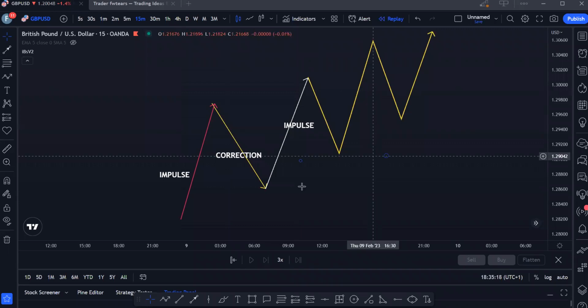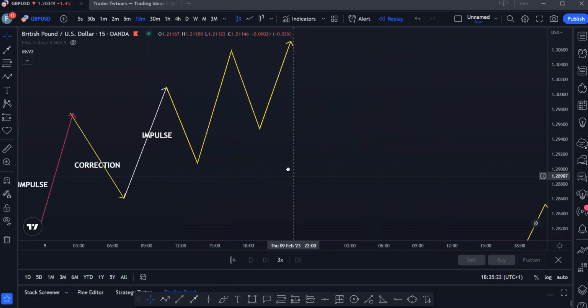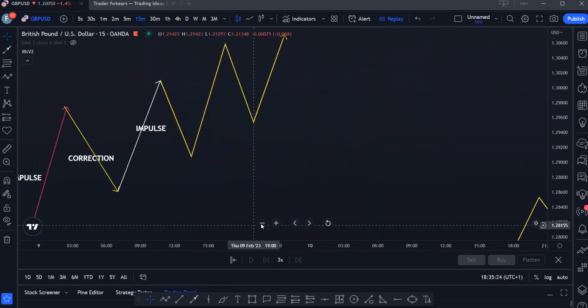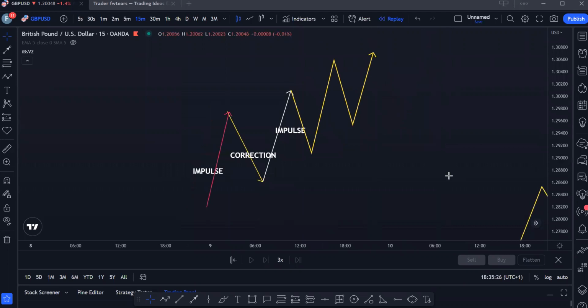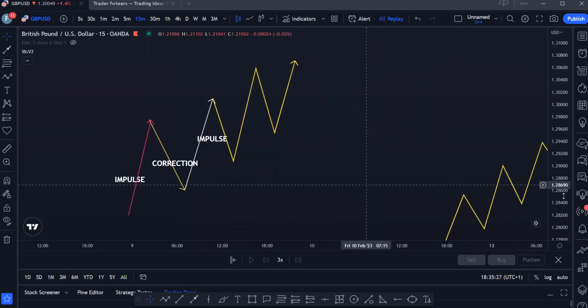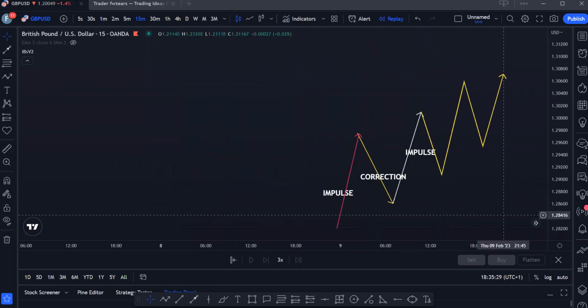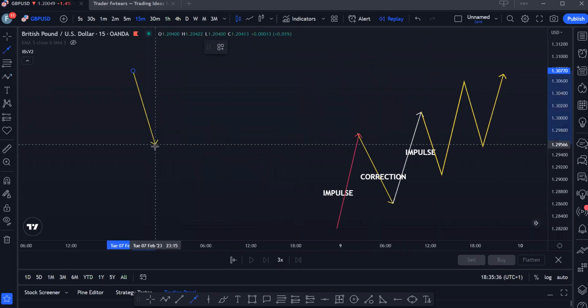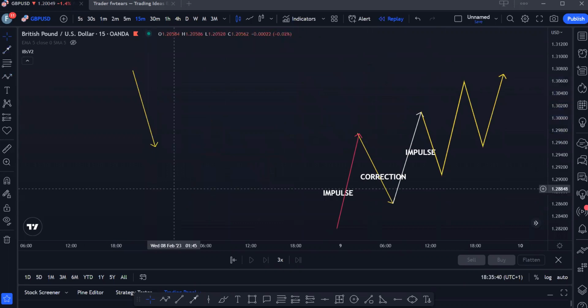Likewise, on the flip side, if you are dealing with a downtrend, it's just the direct opposite. For a downtrend, we'll have the impulse move to the downside, and then we're going to have a correction like so.